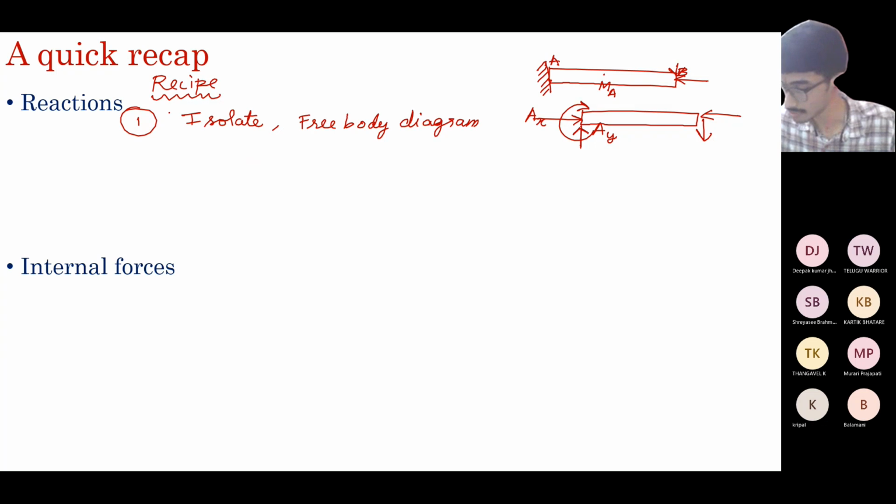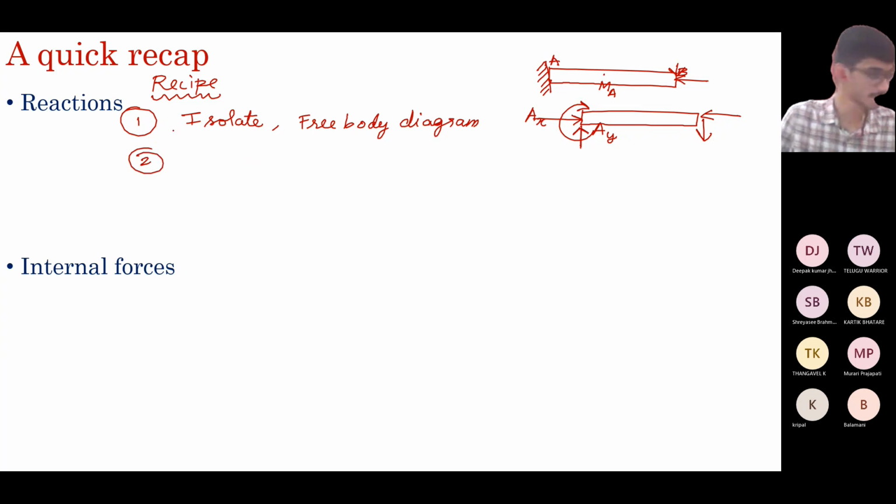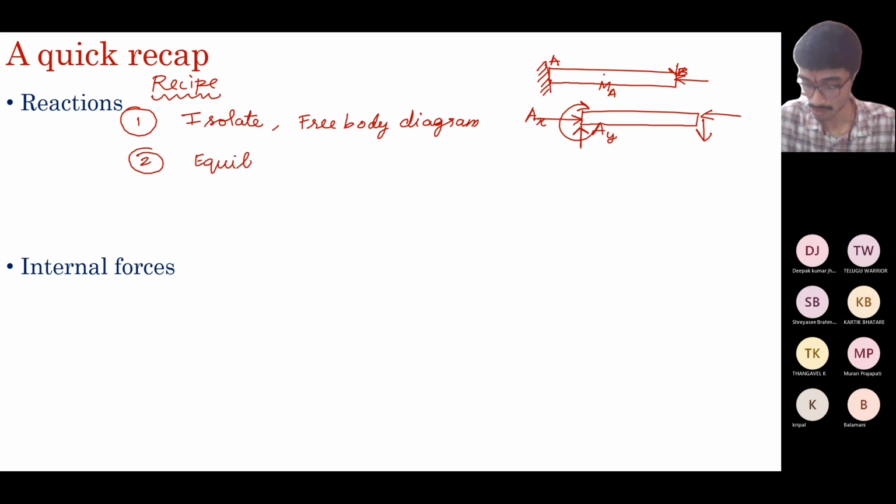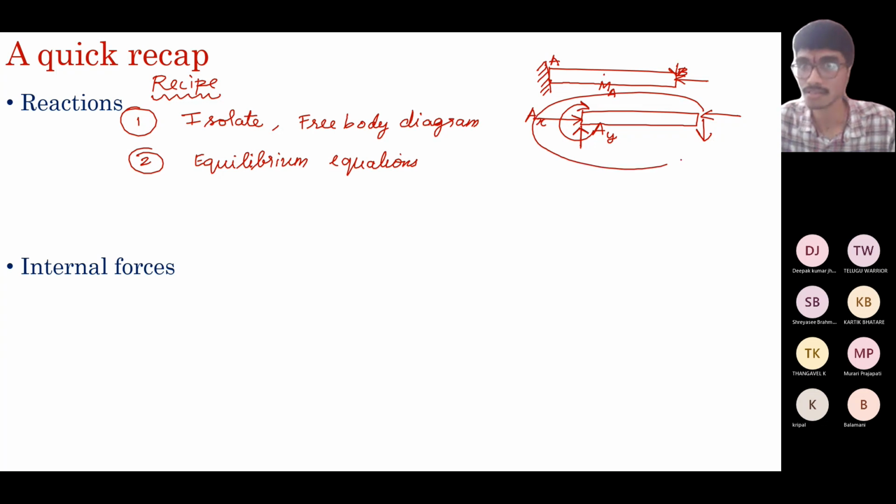And then the second step is to enforce the equilibrium equations. For this body, you just write the equilibrium equation. Suppose the applied load is Px, Py. So what does sigma Fx equal to 0 imply?